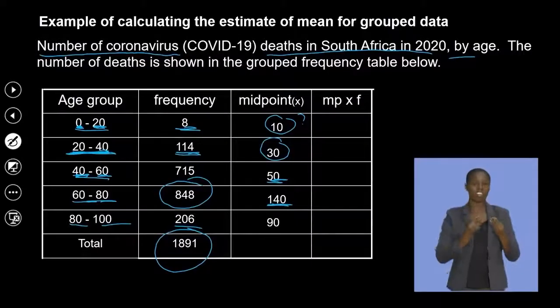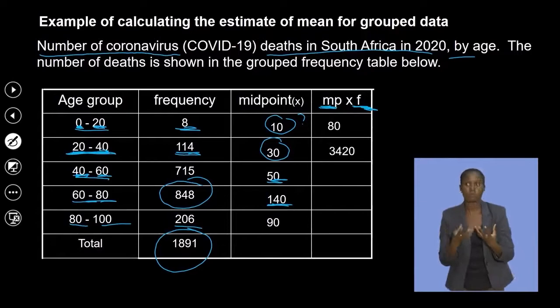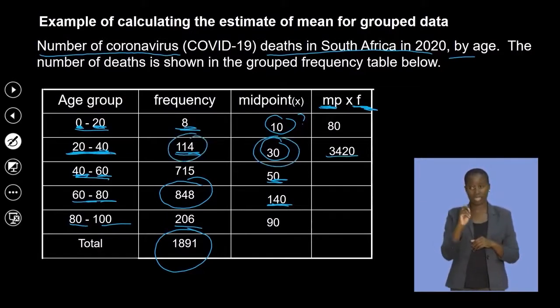Then what are we going to do? We're going to multiply the midpoint times the frequency. So midpoint times frequency, we get 80. We get 3,420, multiplying this times this. That times that, that's what we're getting.